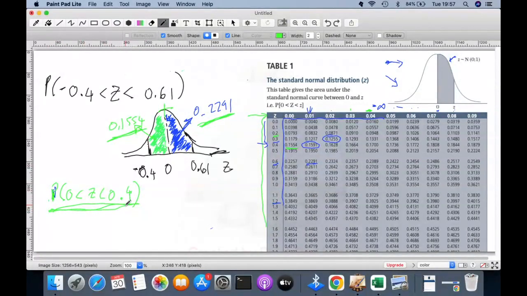What I'm underlining here is the same thing as negative 0.4 less than z less than 0. You can see these are switched around. The 0 was in the bottom, now it's in the top, and this was a positive 0.4 on the top, but now if you make it on the left, this becomes a negative. It's basically that symmetry property I was telling you about.